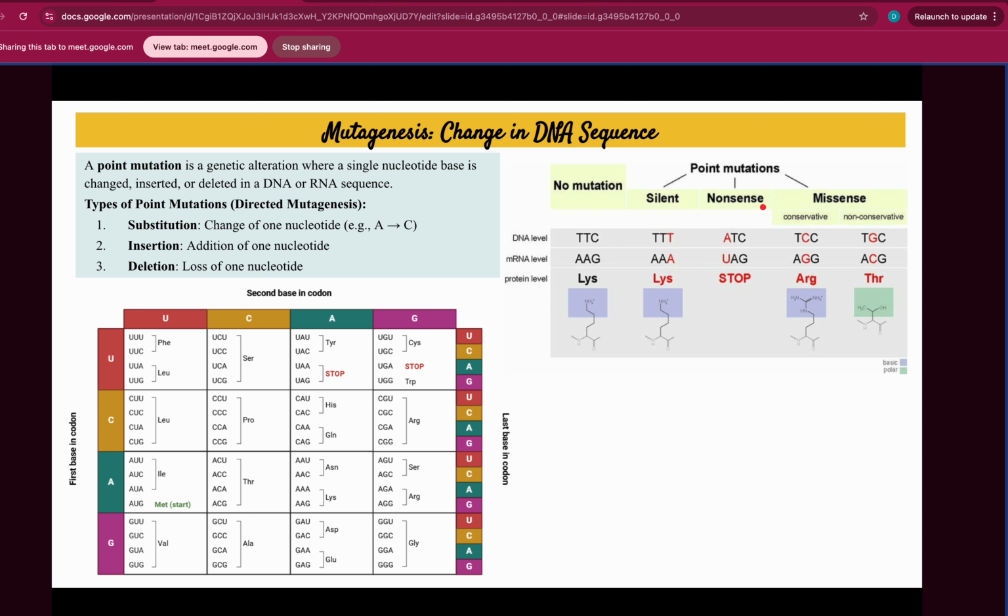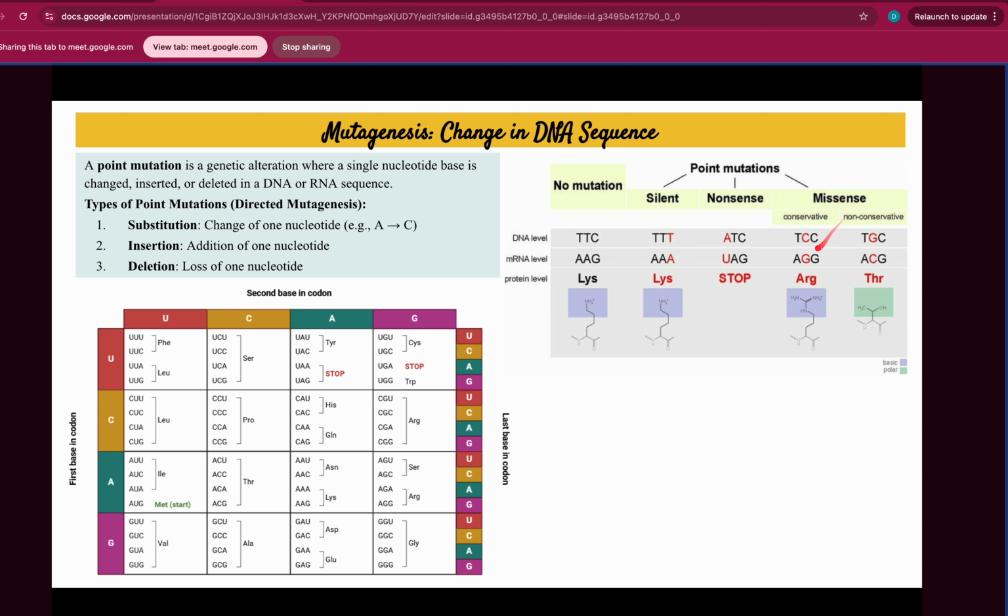These types of mutations are known as silent mutations, which are taking place but their effect is getting silenced. Next is nonsense. That means the mutation is such that it gives rise to the stop codon, and the protein which is getting synthesized will get terminated because now a stop codon will come into that site. So instead of lysine, we have a stop codon, so the protein will terminate at this point. Now the third type of point mutation is missense, which could be both conservative and non-conservative.